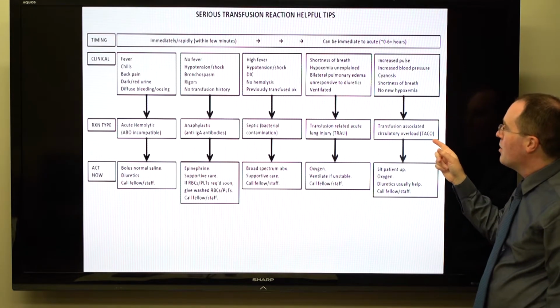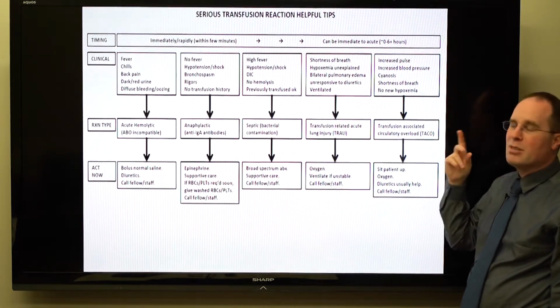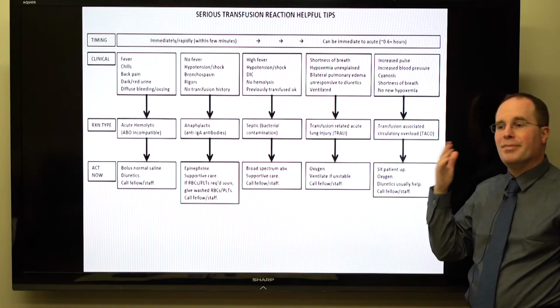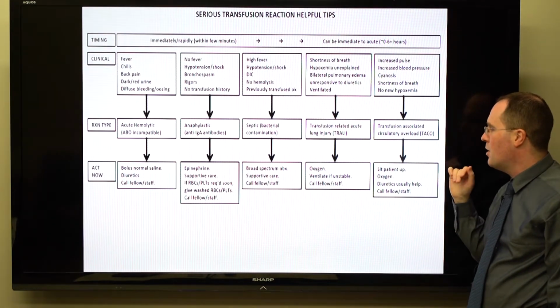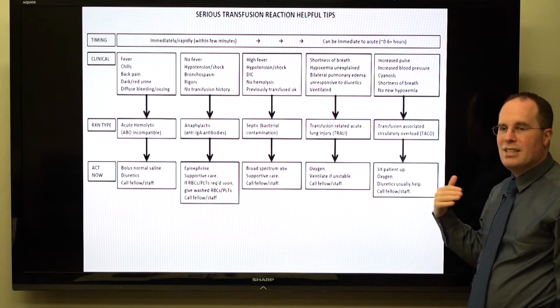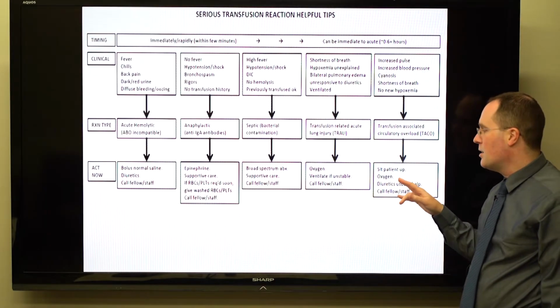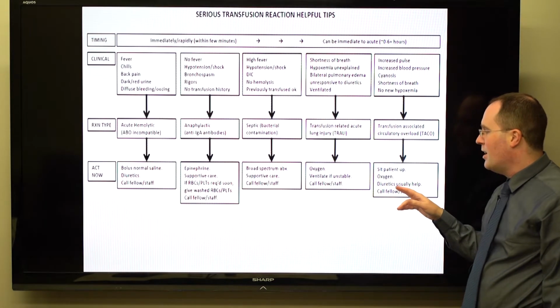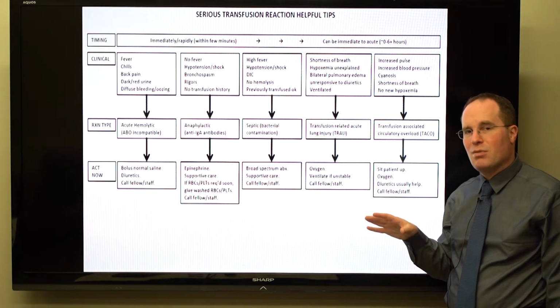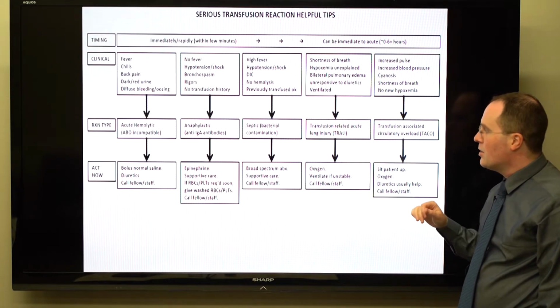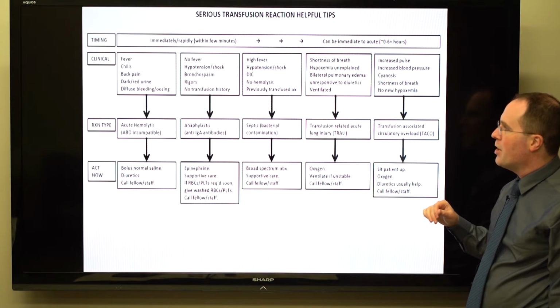Then I'm worried about TACO, right? If I see, especially an increased blood pressure, increased pulse, that's painting the picture that they're volume overloaded. So I'm worried about TACO. And in addition to sitting the patient up, the orthostatics and oxygen, diuretics are what the patient needs right away to get rid of this fluid. And of course, call the fellow or staff for help.